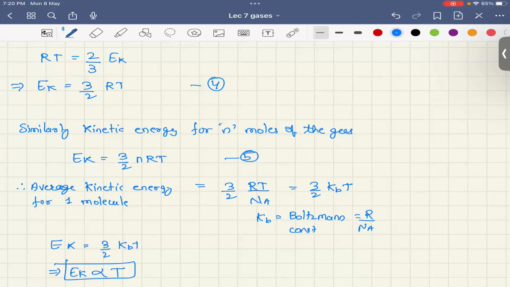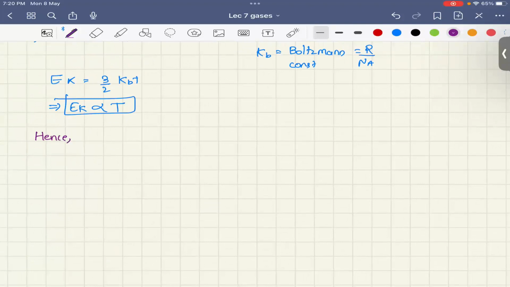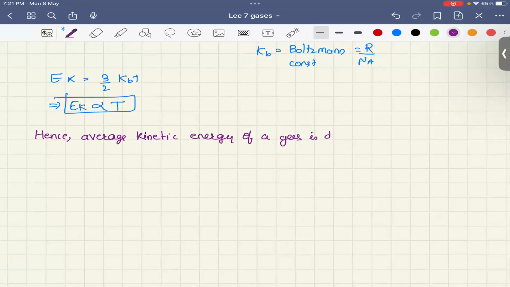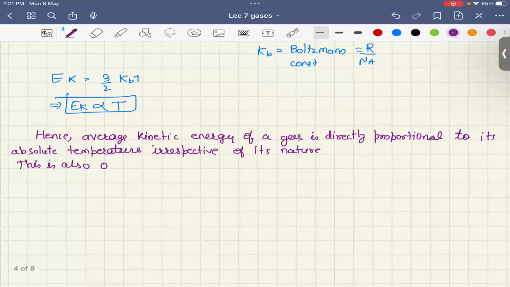This is also one of the assumptions of kinetic molecular theory.